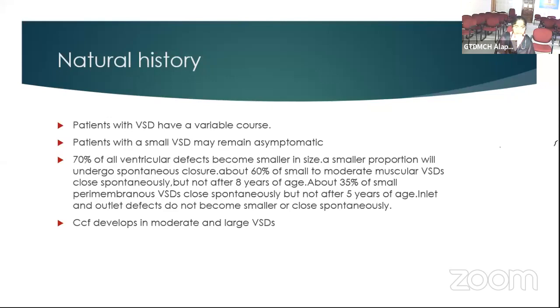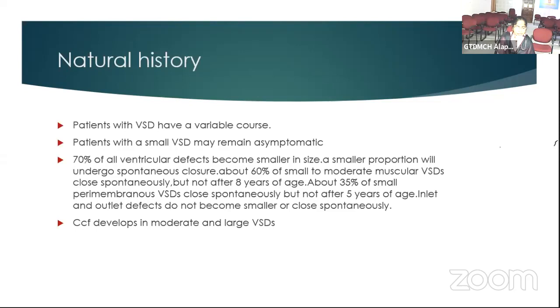Coming to the natural history of VSD, patients with VSD have a variable course. Patients with a small VSD may remain asymptomatic. 70% of all ventricular defects become smaller in size. A smaller proportion will undergo spontaneous closure.